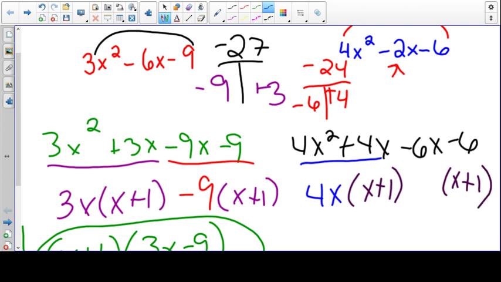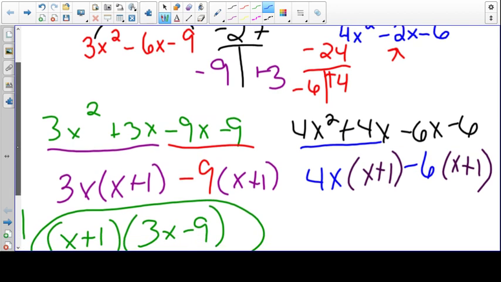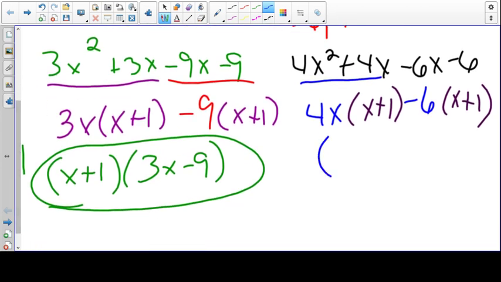I need to ask myself what can be divided from negative 6x to just give me x. That'll give me a negative 6. So my answer is one set of the copied group and the other stuff left over.